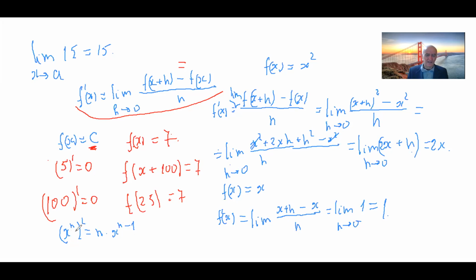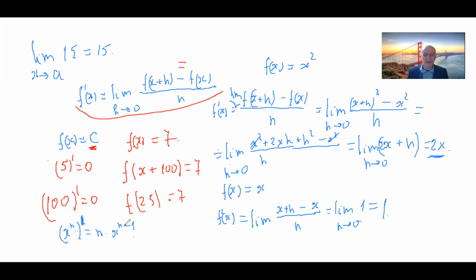For example, let's check how it works. If n equals 2, what we have here is n times x to the power n minus 1. So 2 times x, and we got this.